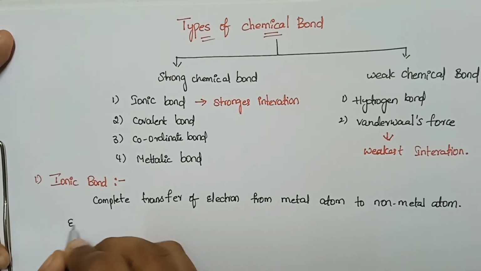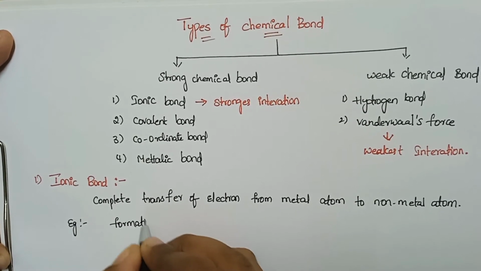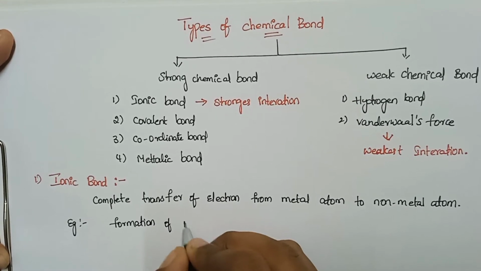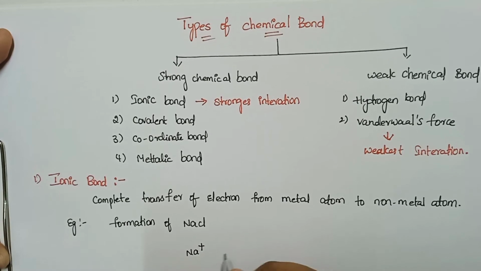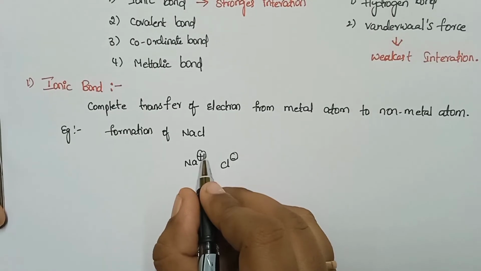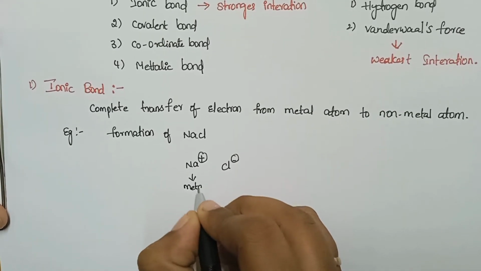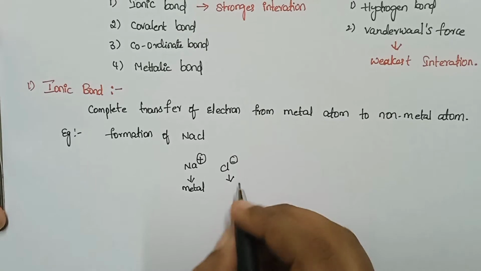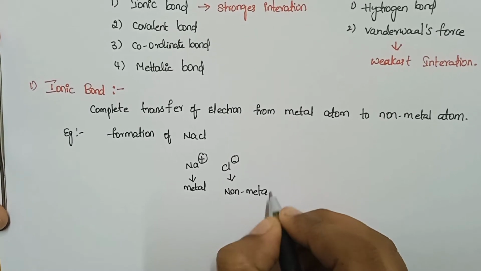For example, formation of NaCl. Okay, so Na plus, Cl minus. So Na is metal, Cl is non-metal.